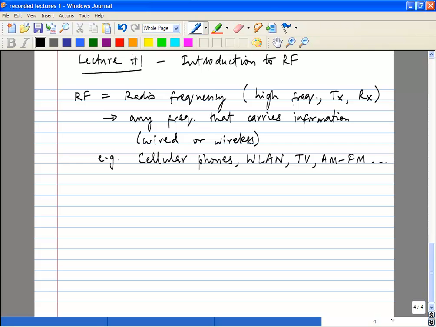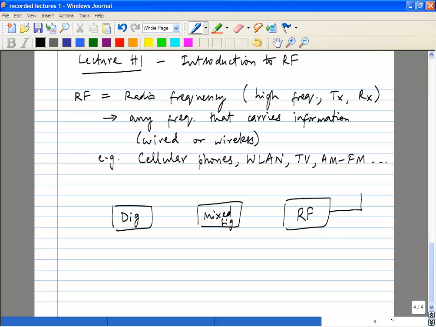If you look at modern systems, you have three major portions. You have the digital portion, you have the mixed signal portion, and you have the RF portion. And the RF portion directly interfaces with the antenna.